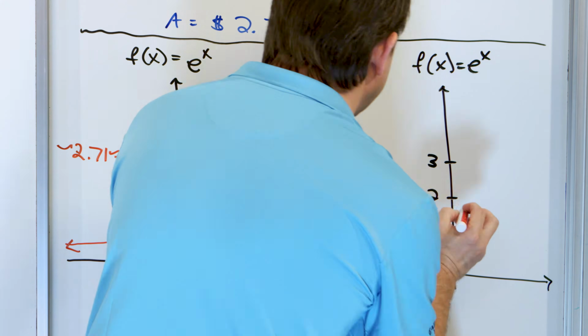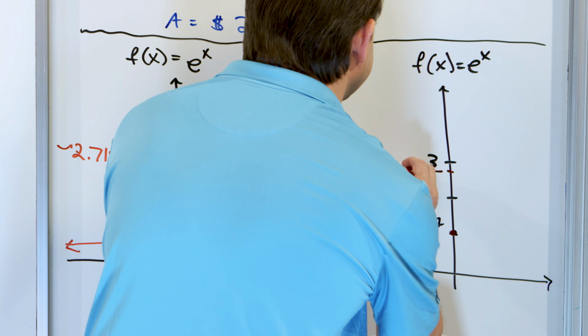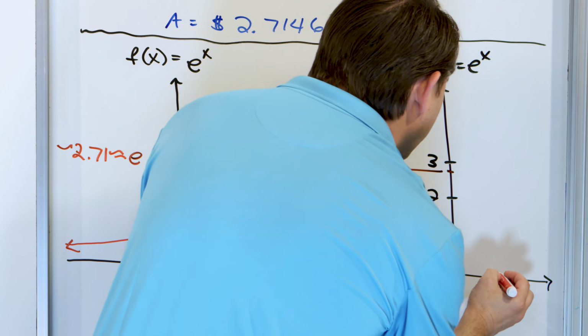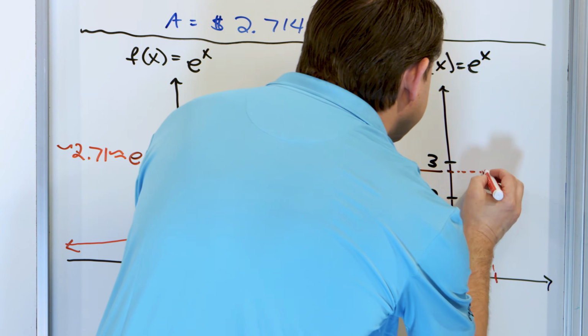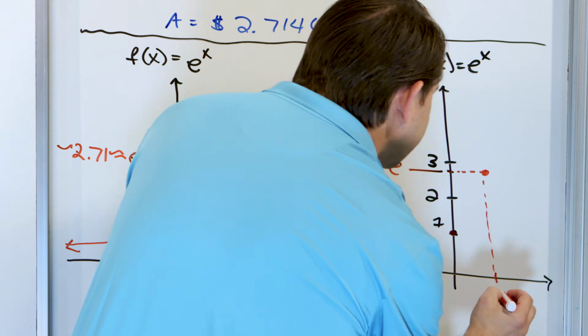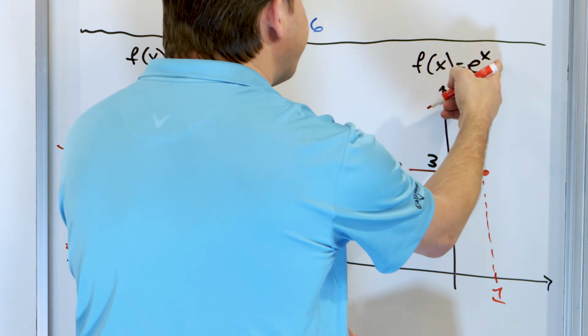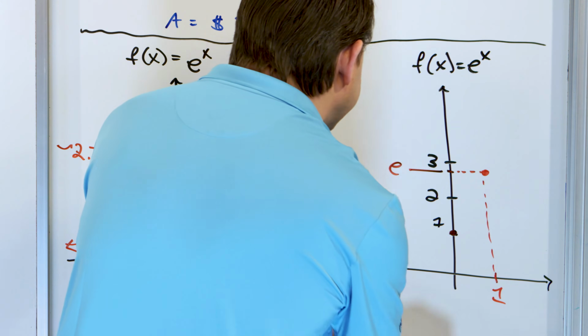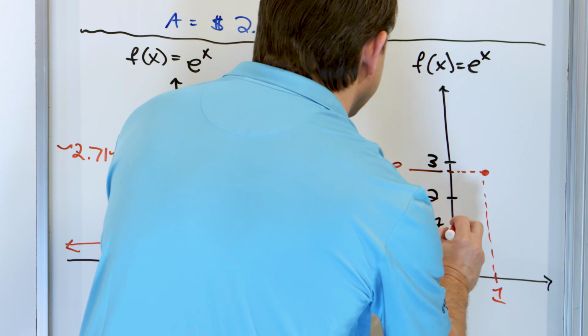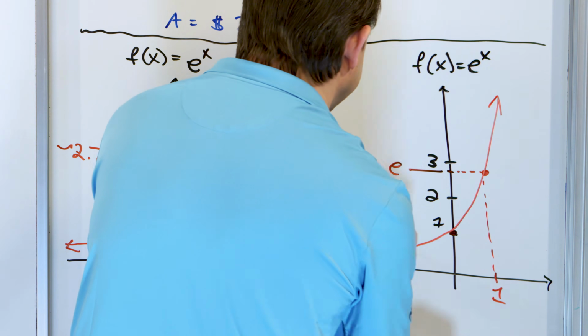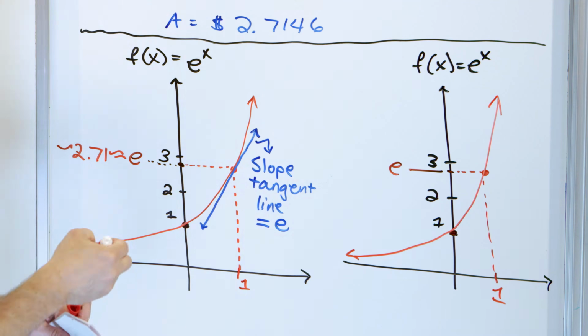So I know that I have a dot right there. I know this is basically the number e. And then I can go right here and say this number is going to cross basically right here. Because if I put the number 1 into this equation, e to the power of 1 is e, which is right here. So this curve has to go up something like this. Hopefully I won't mess it up. I've got to go through here, something like this. This is the curve. So I've tried to draw that thing freehand.